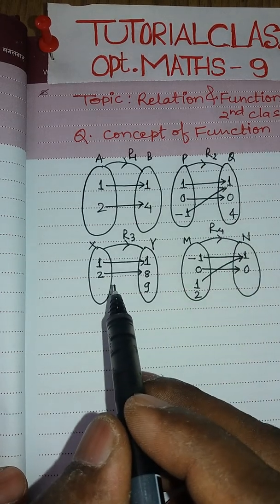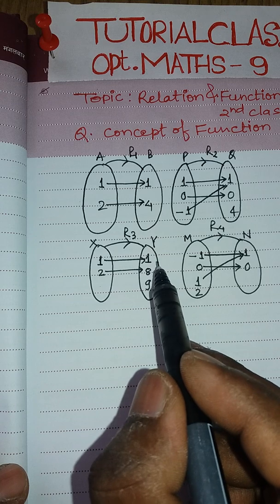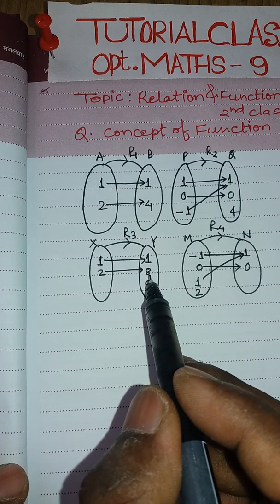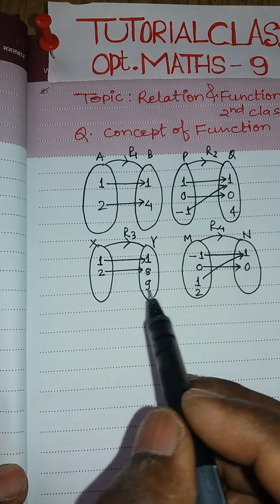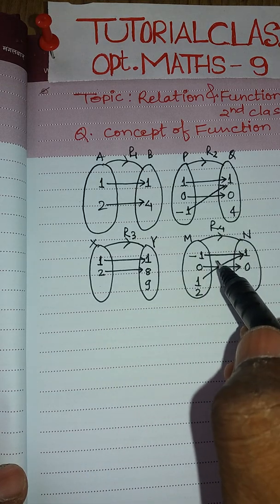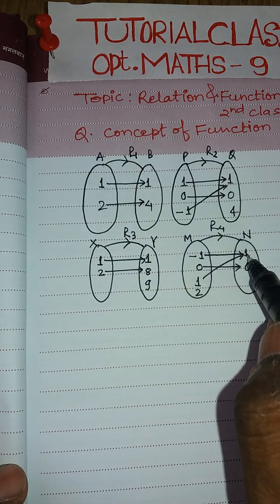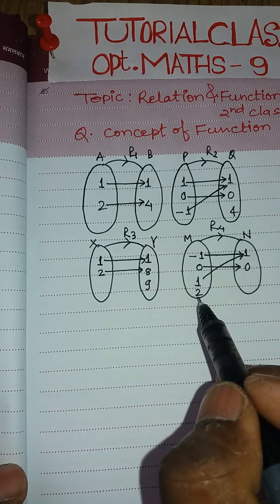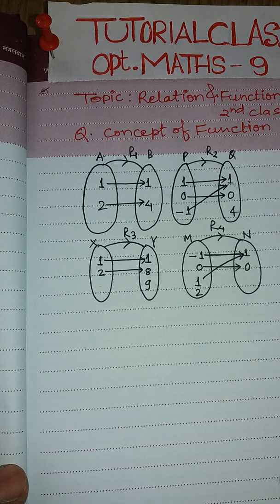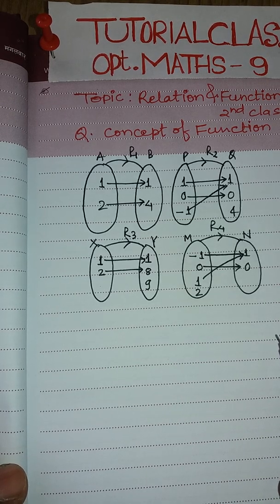Here third one, 1 is mapping with 1, 2 is mapping with 8, and 9 has no pre-image. Here minus 1 is mapping with 1, 0 is mapping with 0, and 1 is mapping with 1, but it has no image. But all are relations.